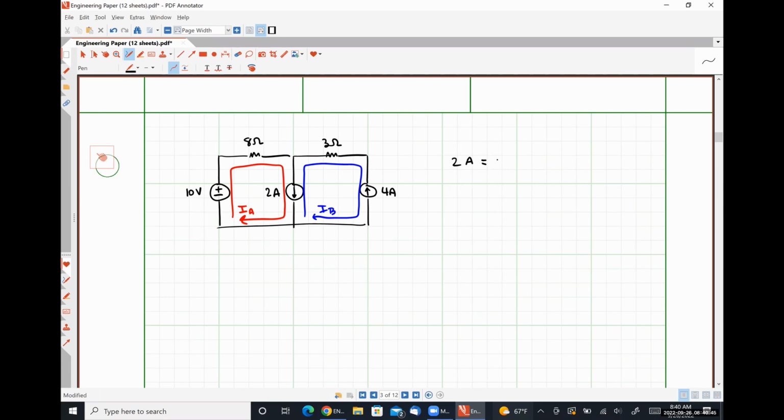So 2 amps is equal to IA minus IB. Four amps is equal to negative IB. We're done.